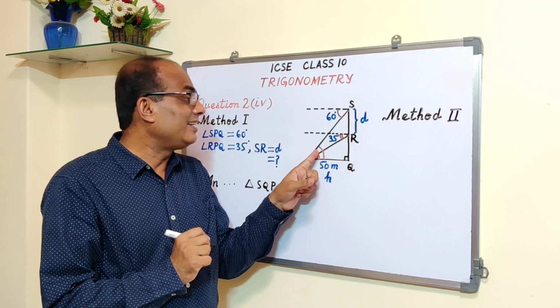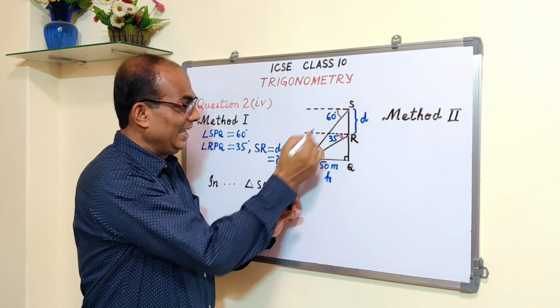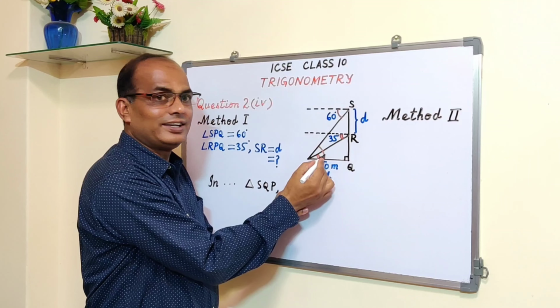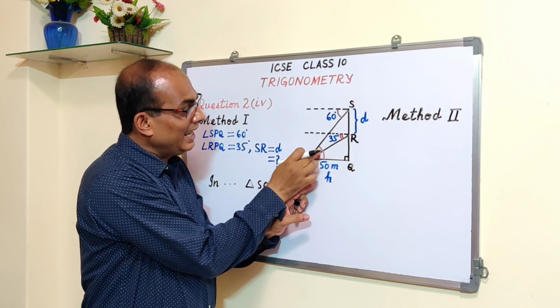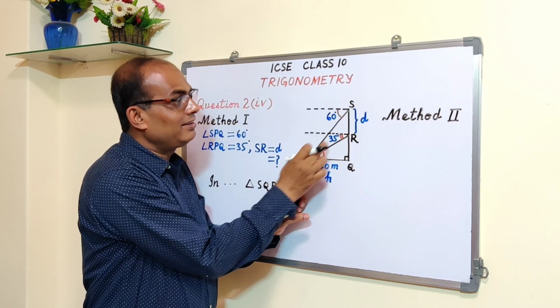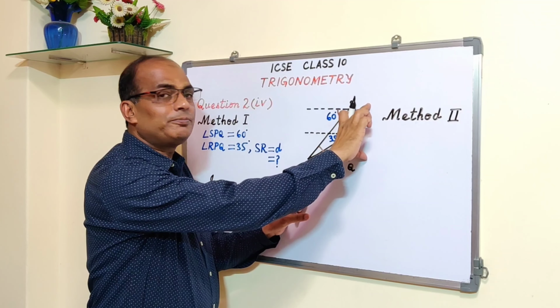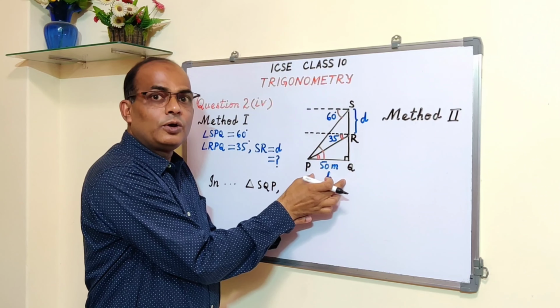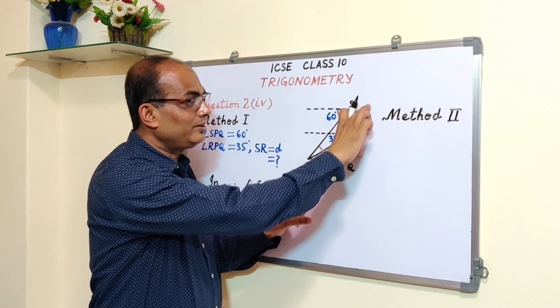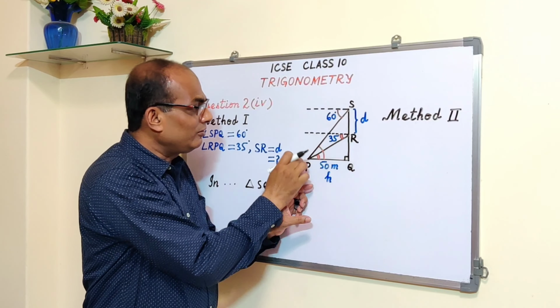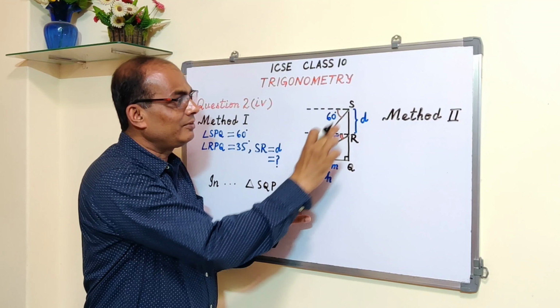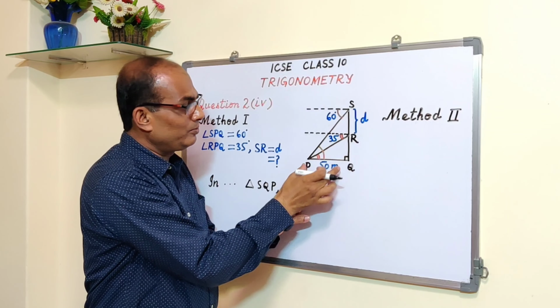Now tan theta, tan of this angle SPQ, which means 60 degree. This angle is 60 degree, the bigger one, the red one. So tan of this angle is equal to perpendicular upon base, or you can say opposite upon adjacent. So tan of this angle, which is 60 degree, is equal to SQ upon PQ.